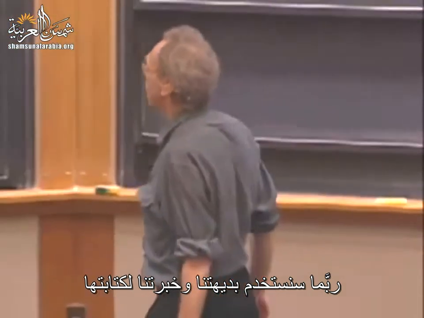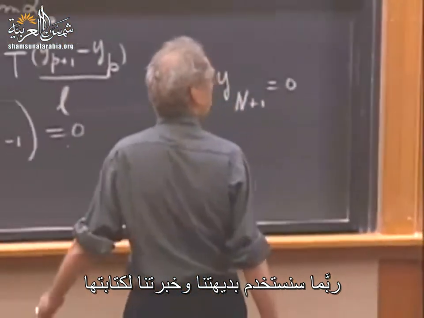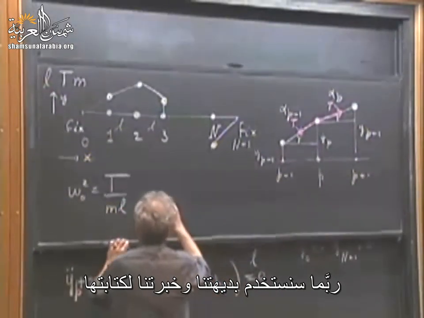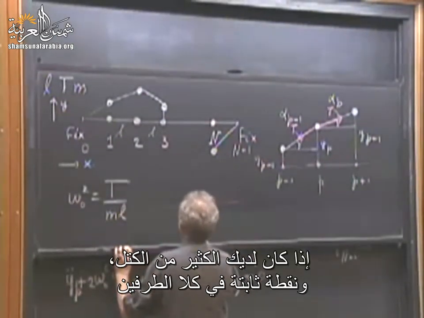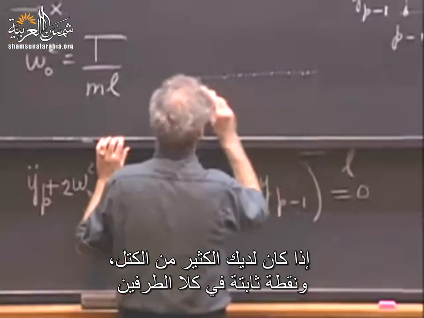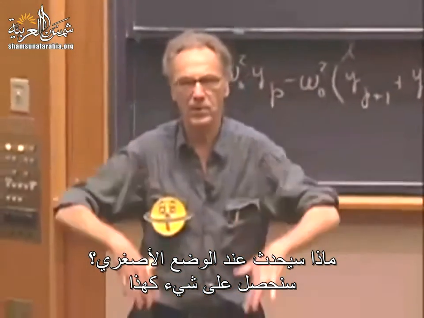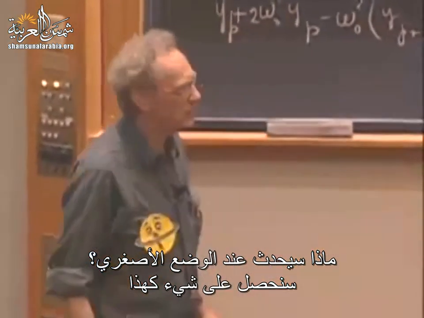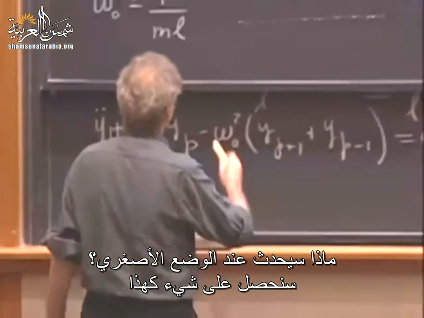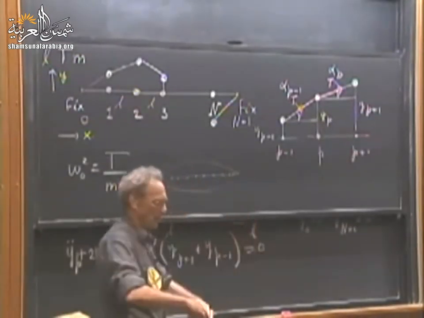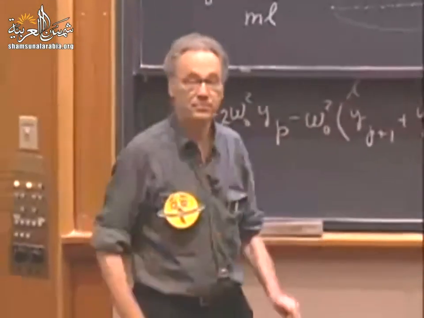And that is, we will use our intuition, something that we know sort of from experience. If you had a lot of beads on here, fixed here and fixed here, and you ask yourself what's going to happen in the lowest possible mode, then you just know that you get something like this. It goes like this, and like this, and like this.